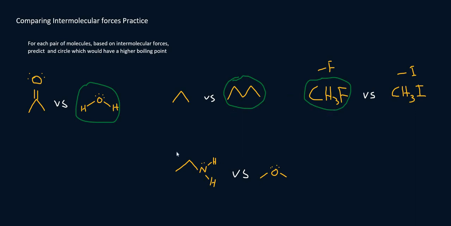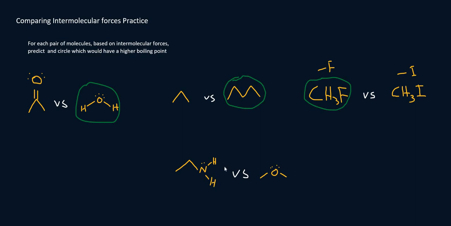And then finally, let's compare these two down here. We're looking at this ethylamine molecule compared to this dimethyl ether molecule. We know both of these are going to have London forces. You could argue that both of them are polar. Dimethyl ether is definitely polar. Ethylamine, I would argue, is polar.